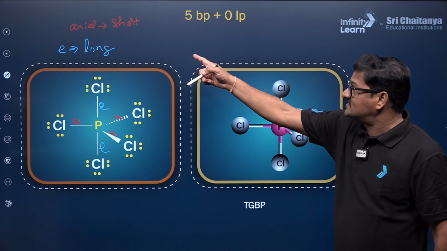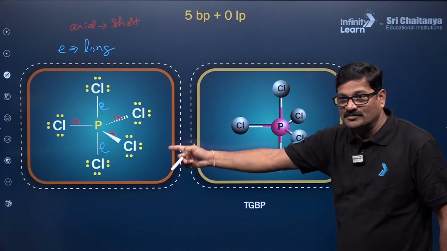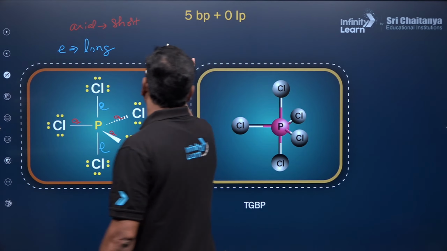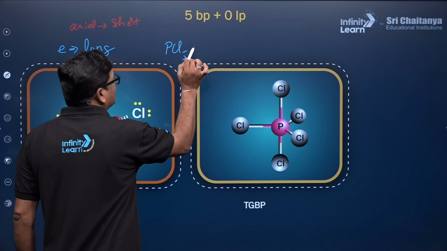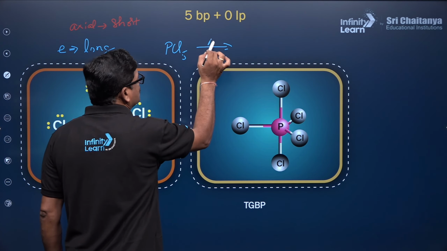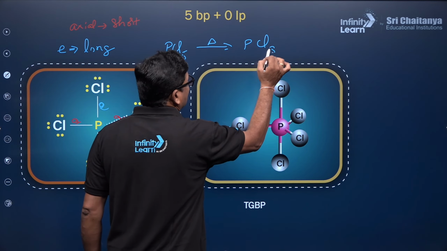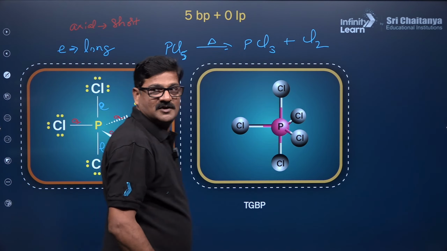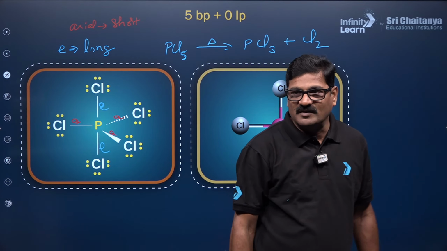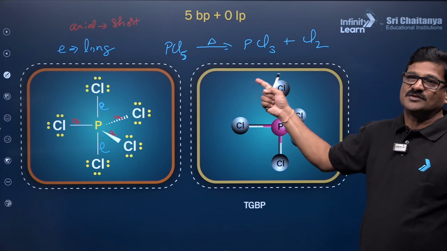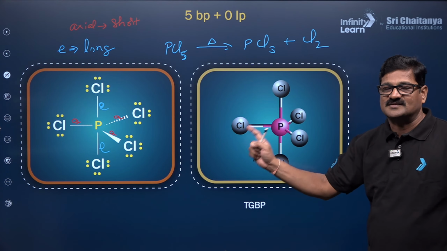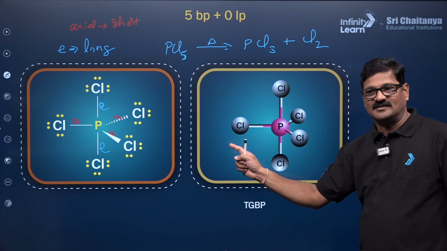This is given in the NCERT, and it gives very good information. That is the reason why whenever PCl5 is heated, it dissociates to give PCl3 and Cl2. Axial bonds break. So the behavior of the molecule can be assessed based on these bonds also. That is the important aspect as far as the shapes and geometries are concerned.